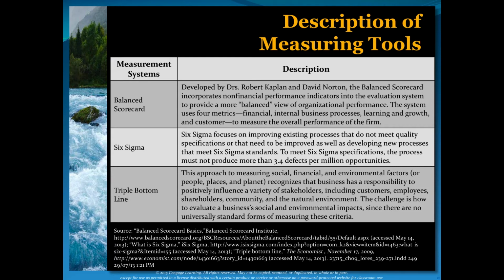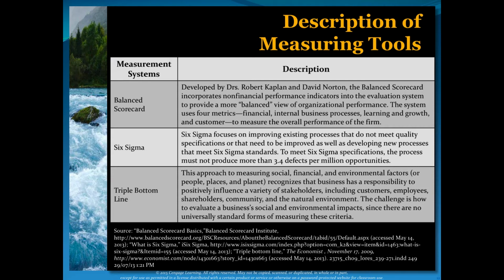Next, we have the Six Sigma tool, which focuses on improving existing processes that do not meet quality specifications or that need to be improved, as well as developing new processes that meet the Six Sigma standards. To meet the Six Sigma specifications, the process must not produce more than 3.4 defects per million opportunities.